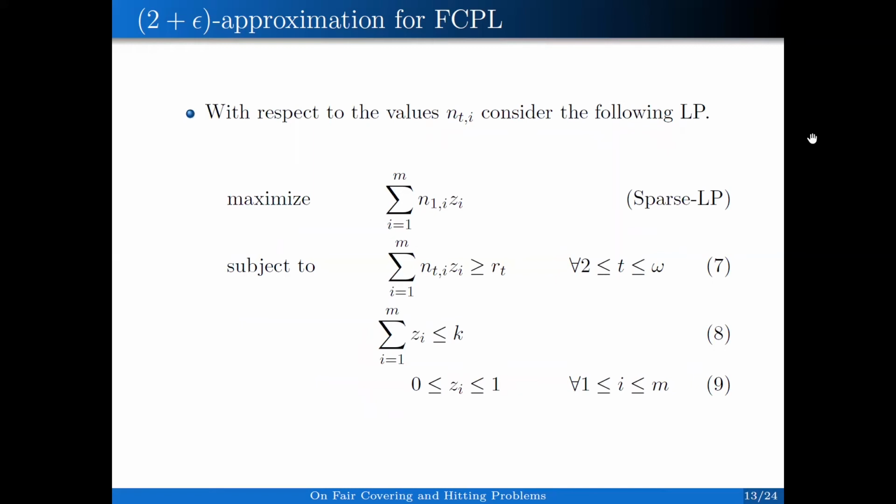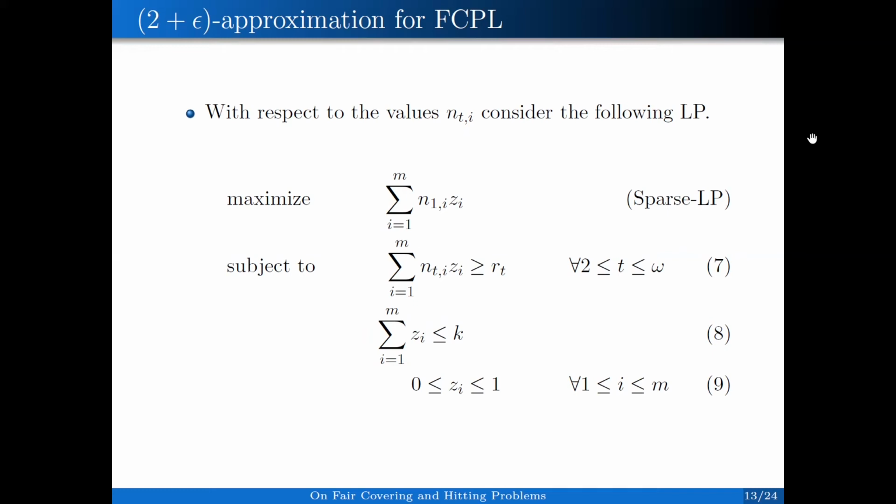And this LP is a sparse LP because it contains a small number of constraints. And this LP has, again, two constraints. The first constraint, again, says that you have to cover at least RT points from the tth color class.